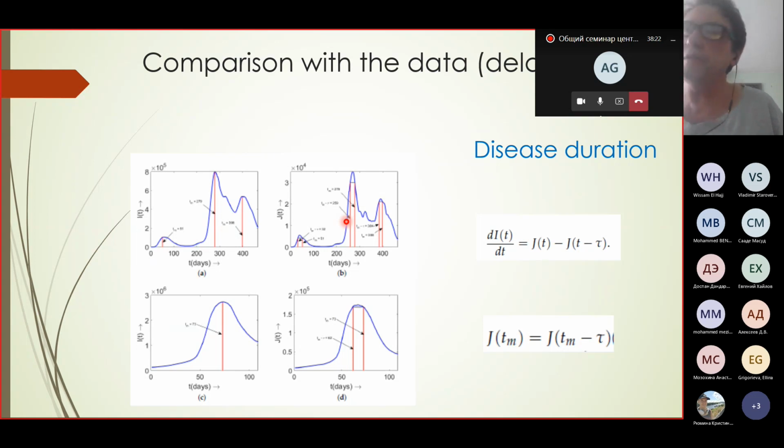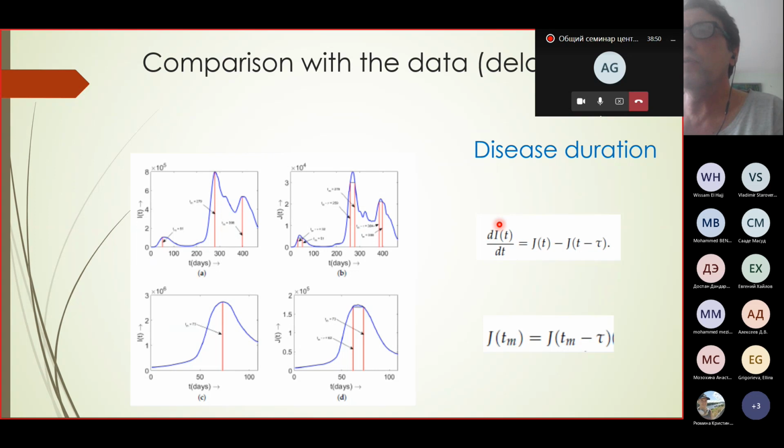Tau is the disease duration. So the first question is how we can determine the duration of the disease from the data, because we need it for this comparison. This is explained in this slide. We have this equation dI/dt equals this difference J of t minus J of t minus tau.